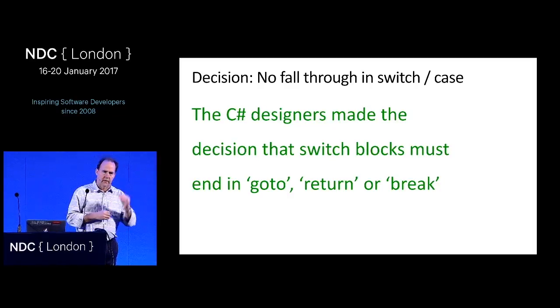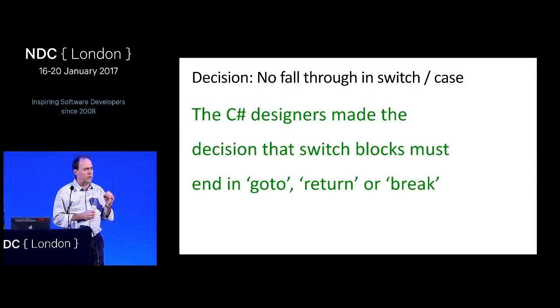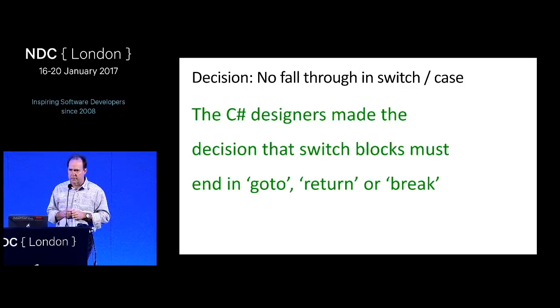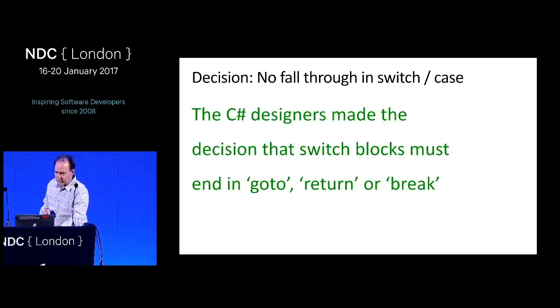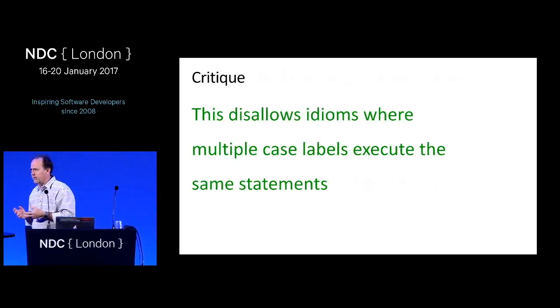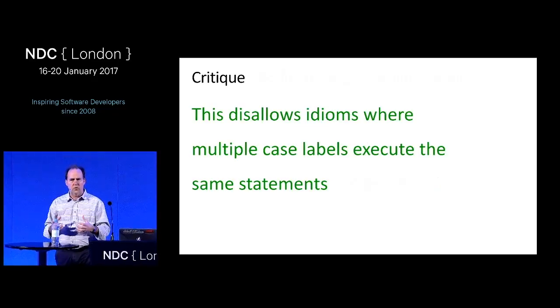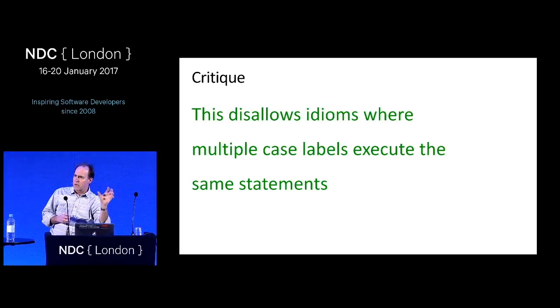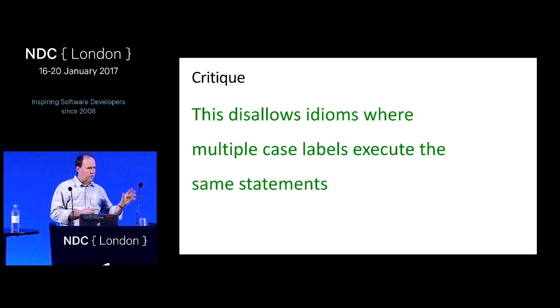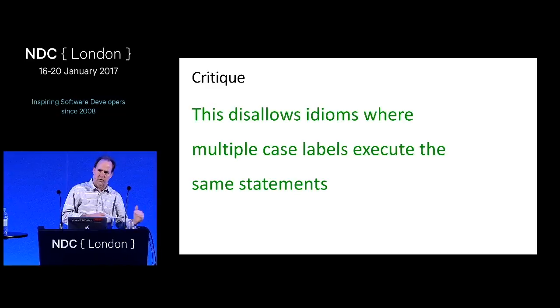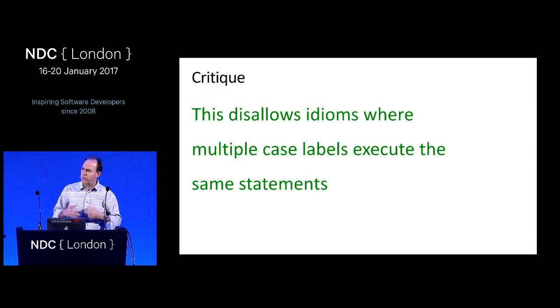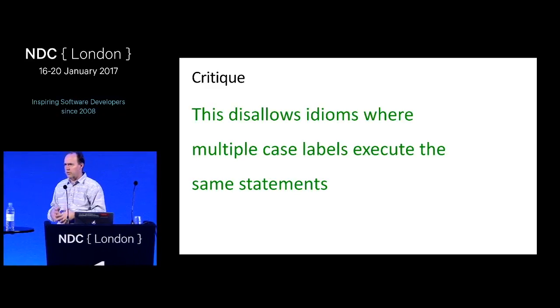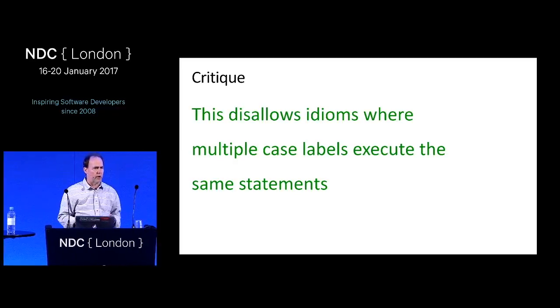You cannot fall through from one to another like you could in a classic C-style switch statement. When that first came out, a lot of people said, you know, this just disallows a lot of things that we could do, where maybe for one case we do some things and then fall through to the next case and do some further processing, and it flows naturally. Okay, that was always the critique we got for that. Why would you do this? You're just making me type more, adding more characters.